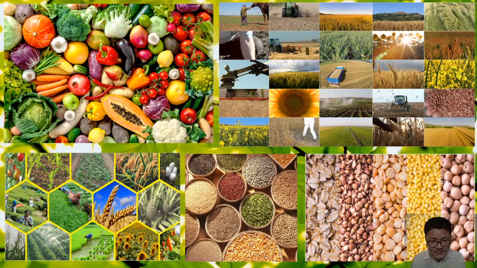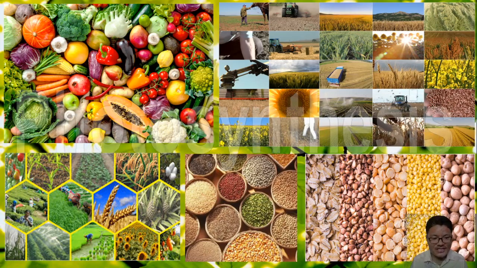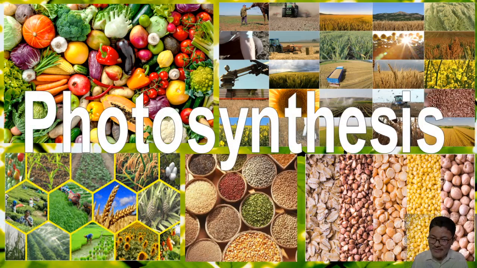And all these food grains are produced mainly by the process of photosynthesis. So because of photosynthesis, we are very fortunate to have different agricultural products. Now let us understand more about photosynthesis.